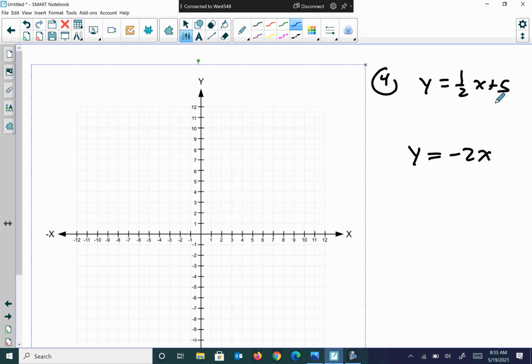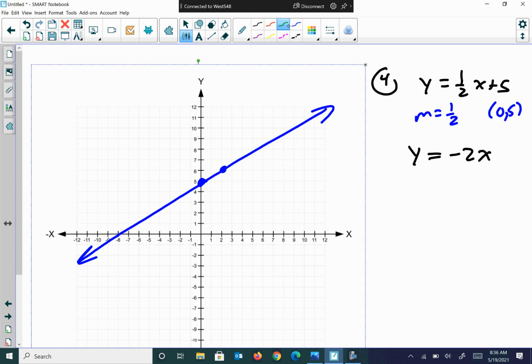I have a y-intercept at 0, 5 and a slope of 1/2, so up 1, right 2. And then this one, we have to realize we could do a plus 0. So my y-intercept is 0 comma 0, and then I have a slope of negative 2 over 1. So down 2, right 1.